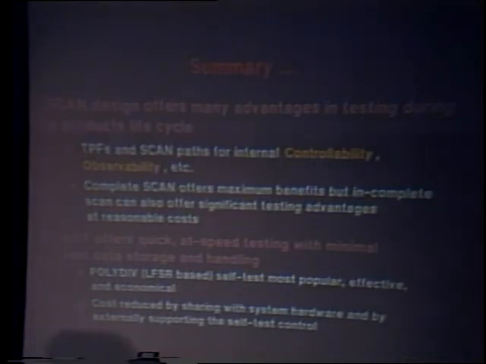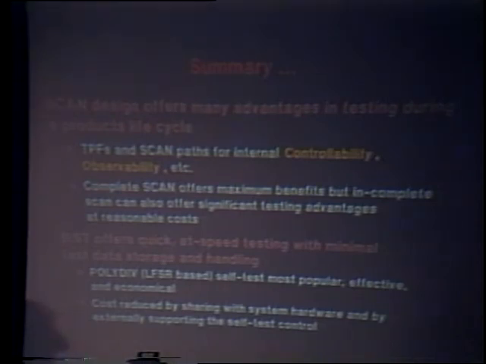So in summary, scan design offers many advantages in testing during the entire life cycle of the product. Test point flops and scan paths for internal controllability and observability, that's what scan design is all about. We saw it in the morning, and we saw some specific examples this afternoon.